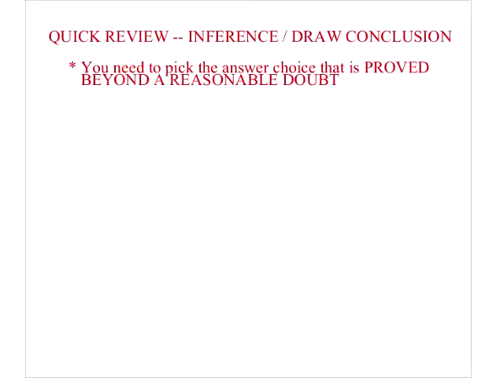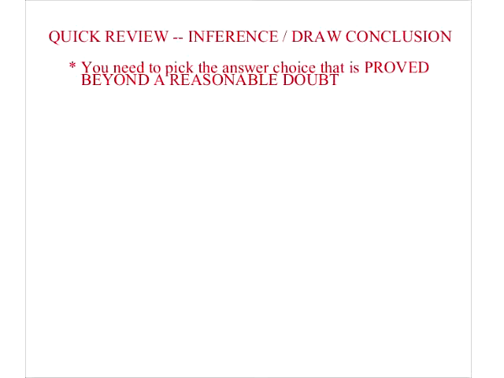I think someone is pressing the hand button. If you have a question, go ahead and just type it in the text box. On an inference problem, you need to pick the answer choice that is proved beyond a reasonable doubt. And that means you need to stay in scope of the passage.